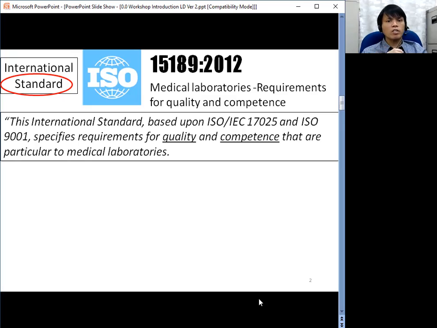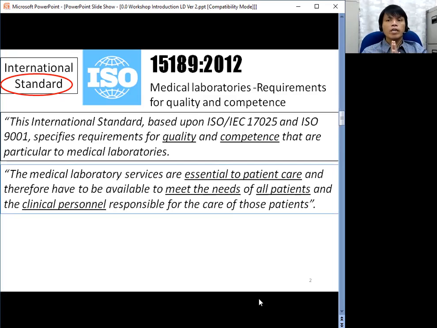A section of the introduction page of the standards also talks about the essential role of the laboratory services in healthcare. And I quote, "The medical laboratory services are essential to patient care and therefore have to be available to meet the needs of all patients and the clinical personnel responsible for the care of those patients."